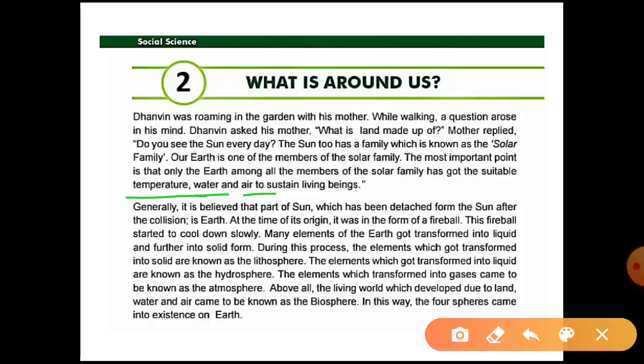As the earth slowly cooled down, many elements of the earth, which were in molten form, got transformed into liquid and further into solid form.